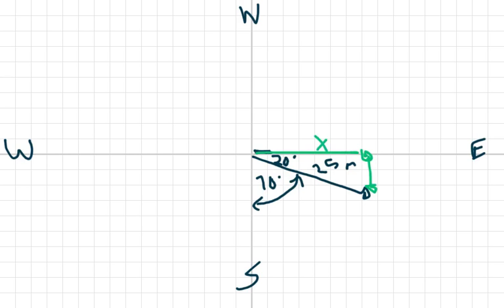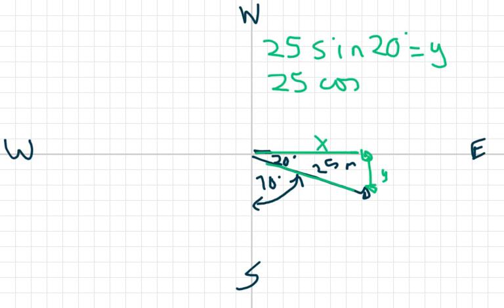So this would be your x and your y, and you just put this in the calculator. So we're going to get 25, that's your length here, sine of 20 degrees equals your y, and 25 cosine of 20 equals your x.